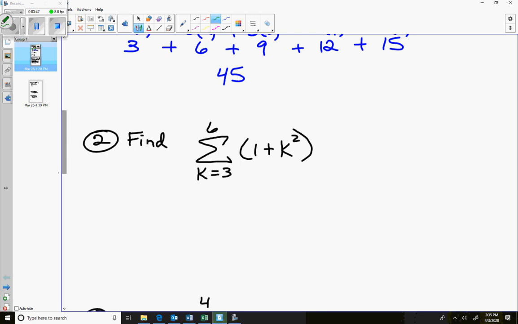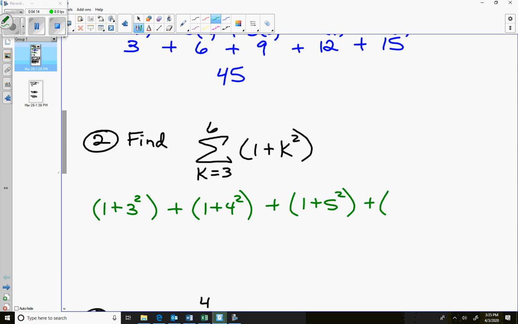My general term is 1 plus k squared. Everywhere I have a k, plug in a 3. So 1 plus 3 squared. That is the first time through the loop. Plus, now we increment the k to 4. Plus, summation. Now we increment the k to a 5. And then we do it again and we increment k to a 6.